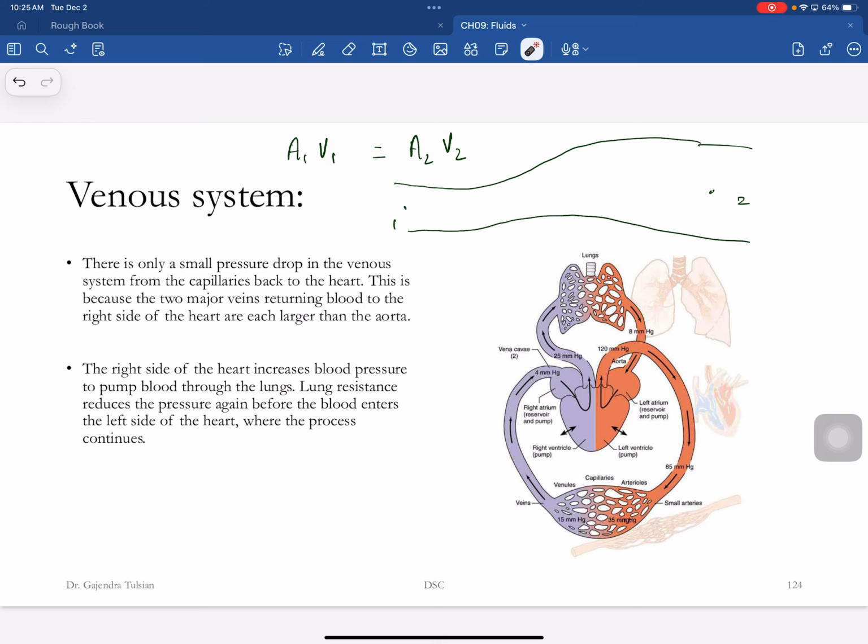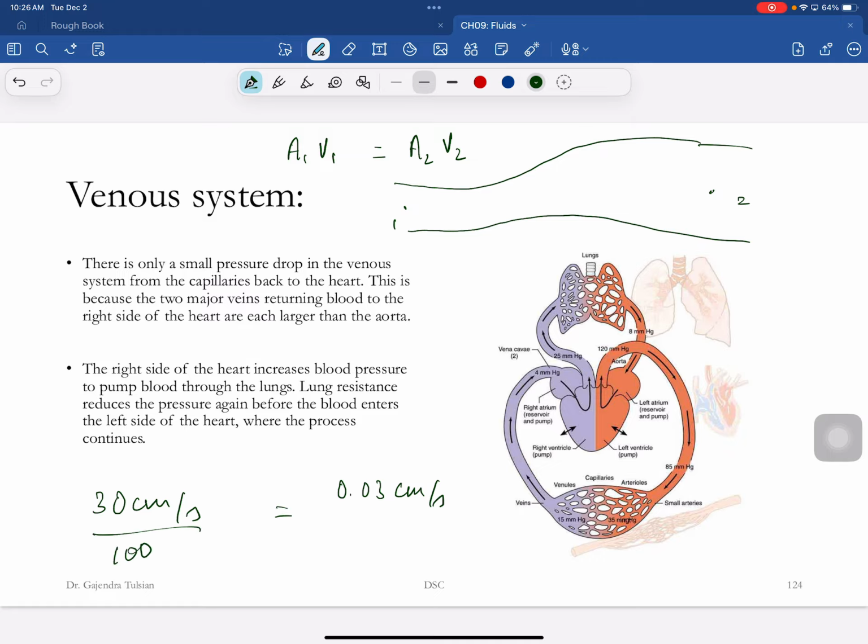Blood coming out of the heart is going at 30 centimeters a second, roughly. By the time it gets to the capillaries, it's moving at 0.03 centimeters a second. So this is divided by 1,000.